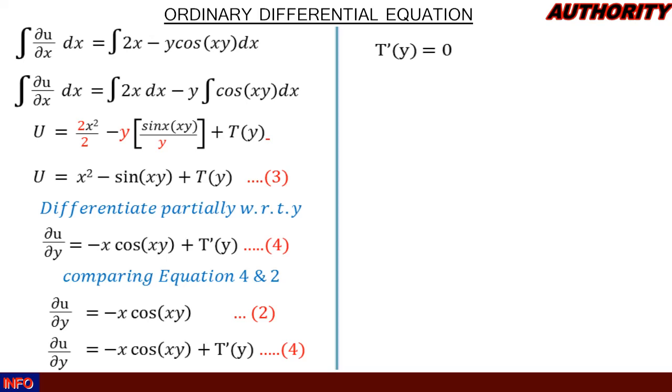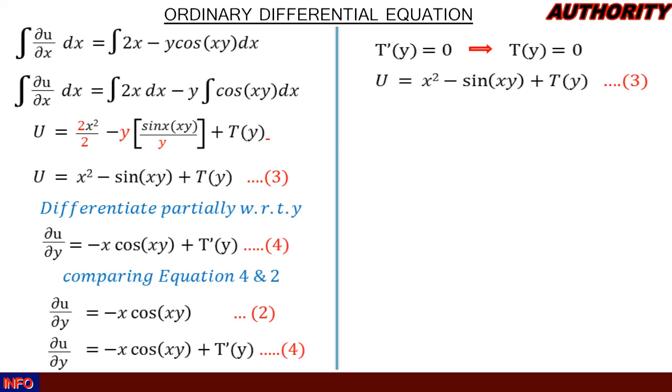But you recall that we are actually looking for t of y, not t prime of y. So we take away the derivative by integrating this t prime of y. So when you integrate, it's still going to give you what? 0. All right, good. Now look at this, our function u.